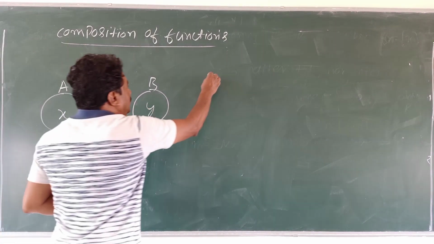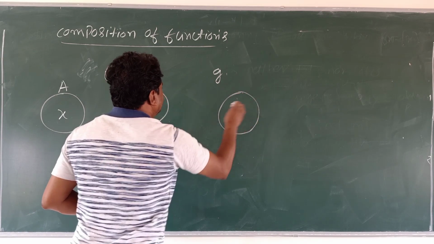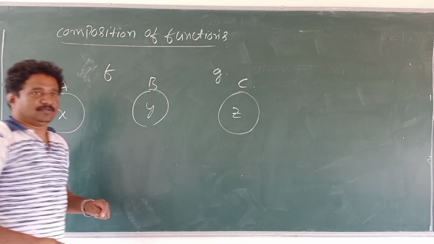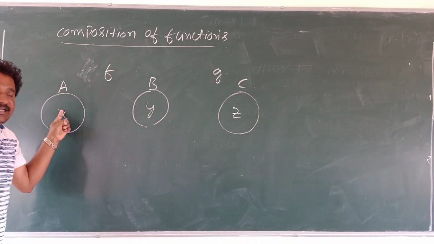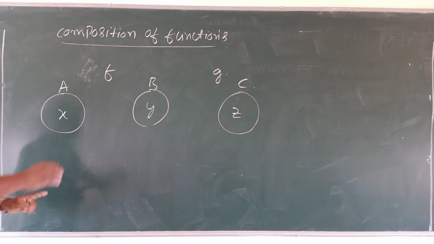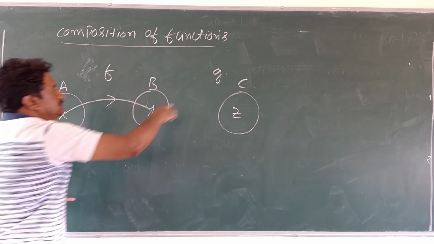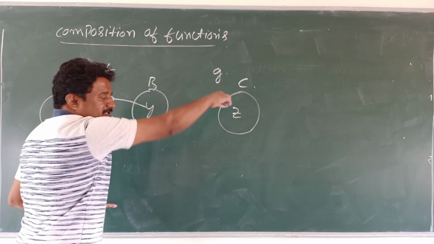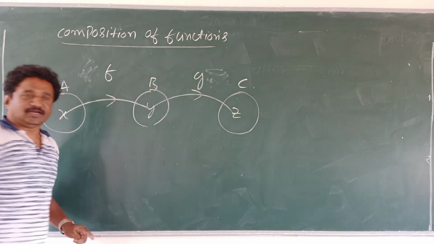You take one more function G. G is a function from set B into set C. F relates the elements of set A with the elements of set B. This is F. G relates elements of set B with the elements of set C. This is G. Correct, students?